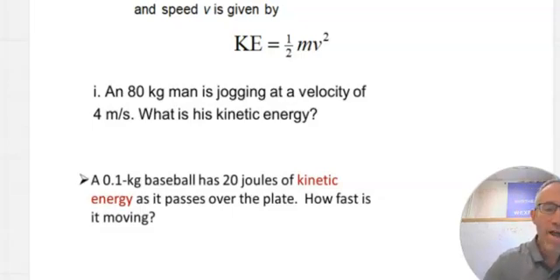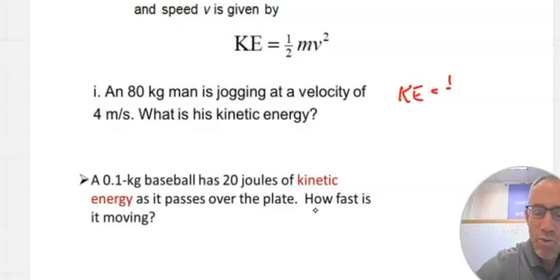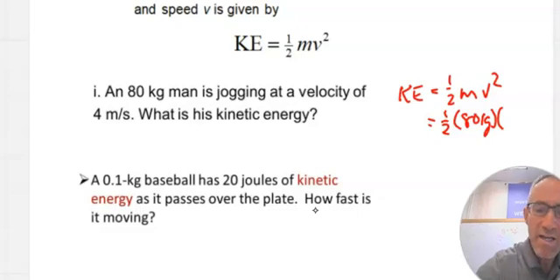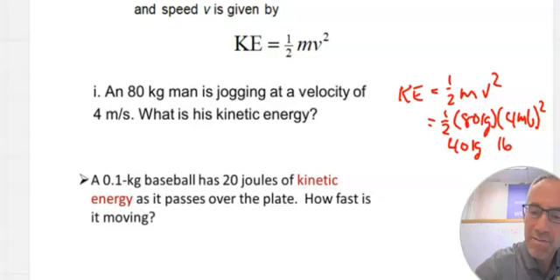All right, we're back. I hope you have those answers. As you know, kinetic energy is calculated by doing 1/2 the mass times the velocity squared. So if I take half of the mass of the man, half of 80 kilograms, and multiply by the velocity, 4 meters per second, quantity squared, I'm going to get 40 kilograms times 16 meters squared per second squared, and that's going to come out to 640.